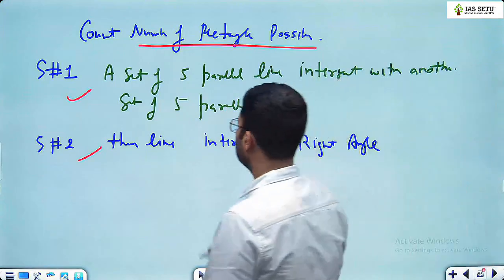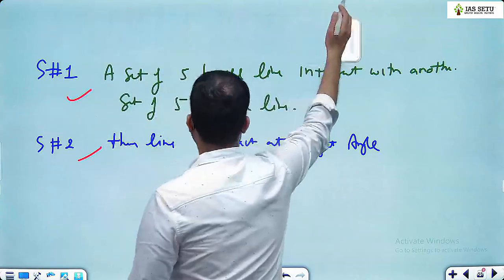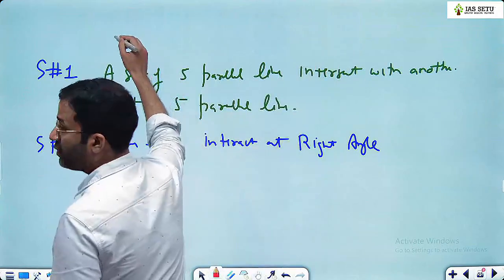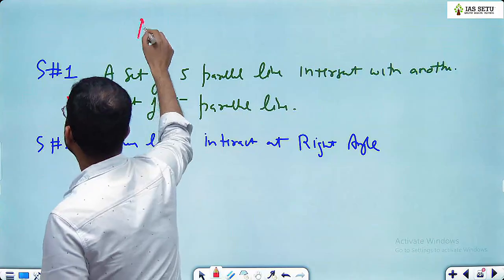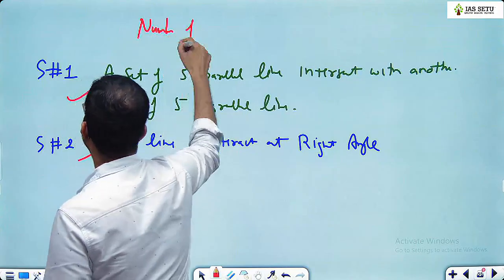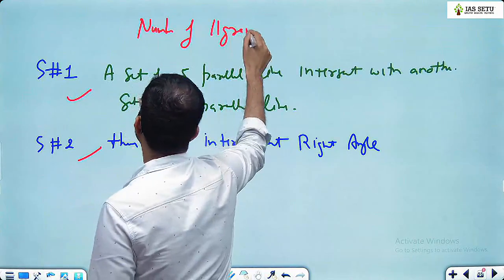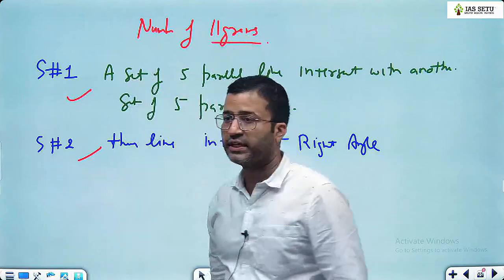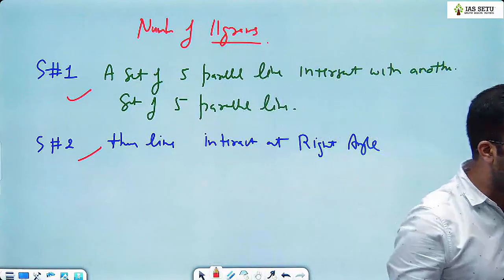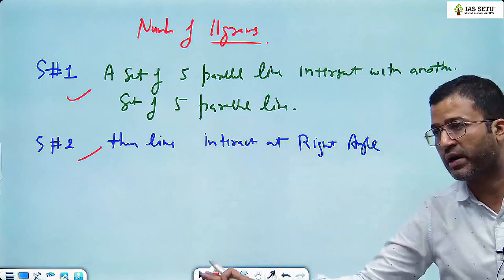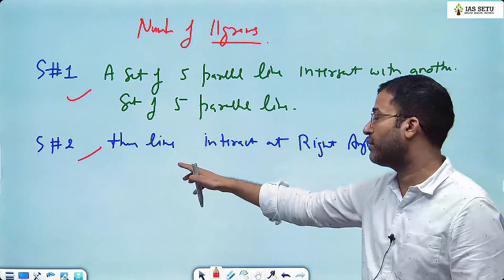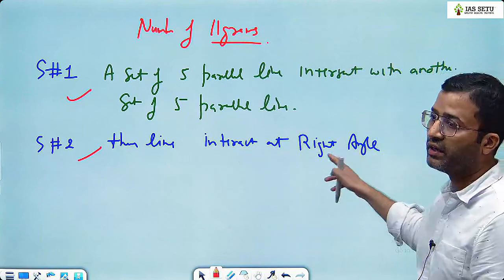अगर ये पूछा होता, नंबर ऑफ पैरेललोग्राम्स, and I give statement number 1, a set of 5 parallel lines intersect with another set of 5 parallel lines, and statement number 2, these lines intersect at right angle.